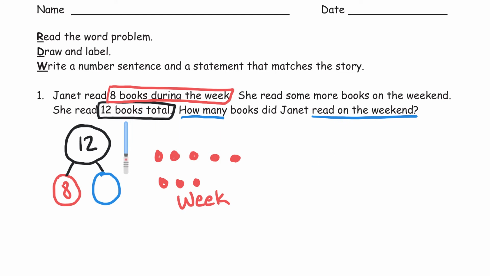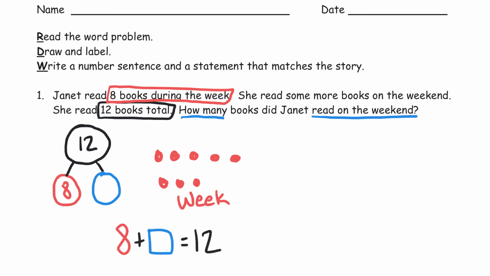Well, we have 12 books total. I'm thinking if we have 8 and then we need to add some more on to get to 12, that tells me it's going to be an addition problem. Let's start writing out that addition problem then. It's going to be 8 plus our mystery number for our total of 12.